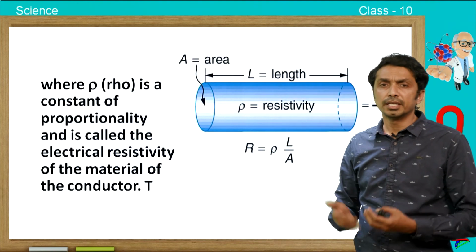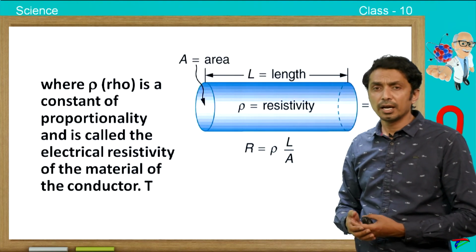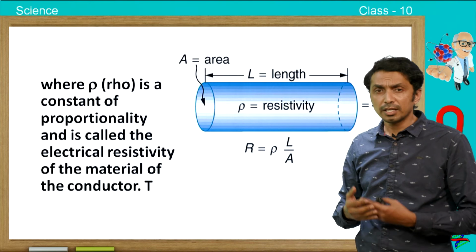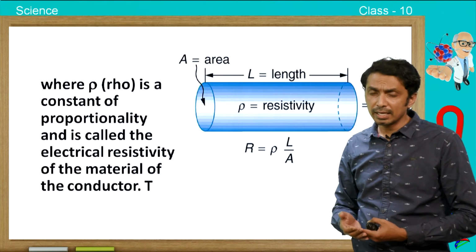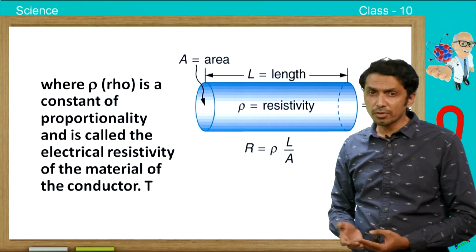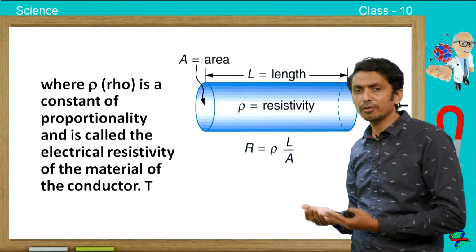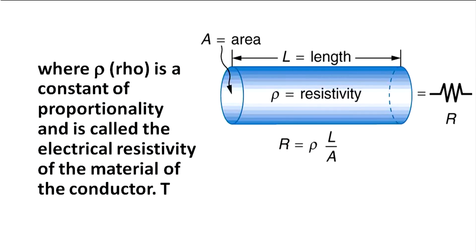So children, here as you can see, R is varying when we vary the L, and R is also varying when we vary the area of cross section. But what is not varying even if we vary the length? Just check.